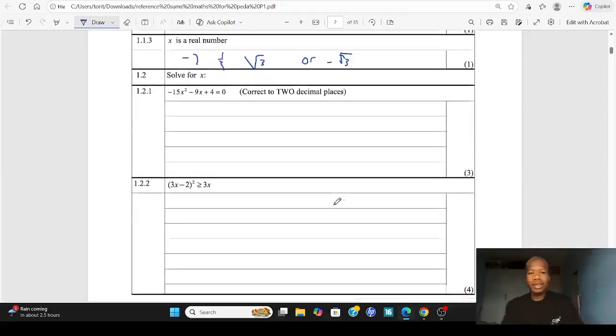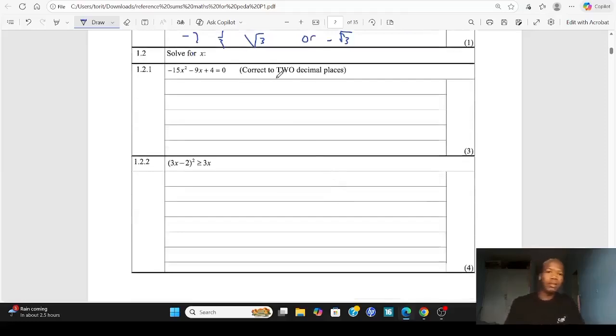So we have another question, which says solve for x correct to 2 decimal places. How we can do this is using the quadratic formula, which says x equals minus b plus or minus the square root of b squared minus 4ac, divided by 2a.